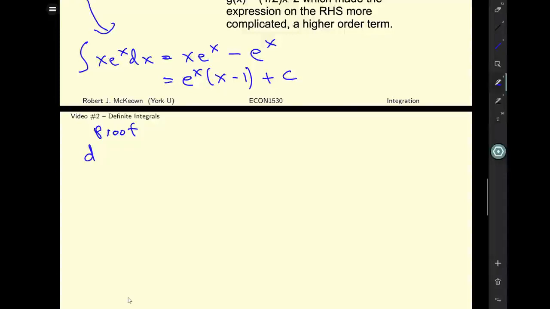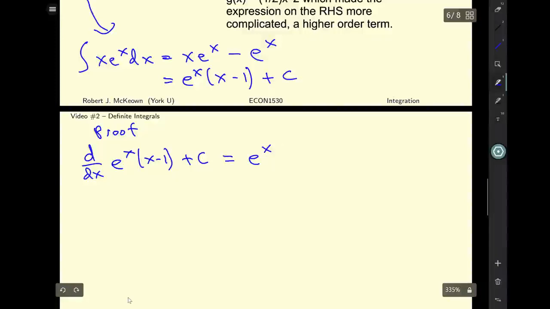Now, the proof. Let's take the derivative of this thing with respect to x. So we've got e^x (x minus 1) plus C. I'm using the product rule here, so I've got e^x (x minus 1) plus e^x.